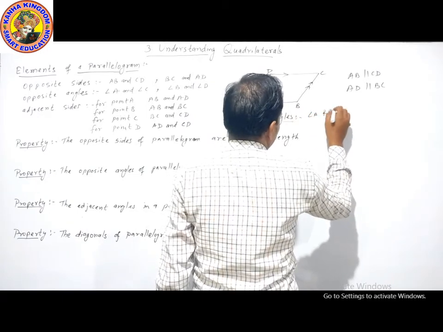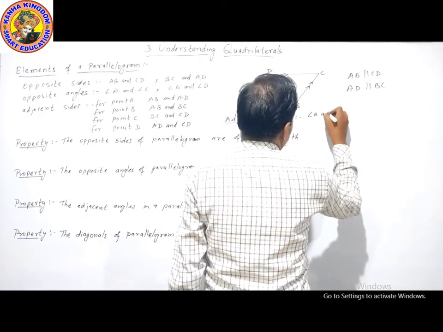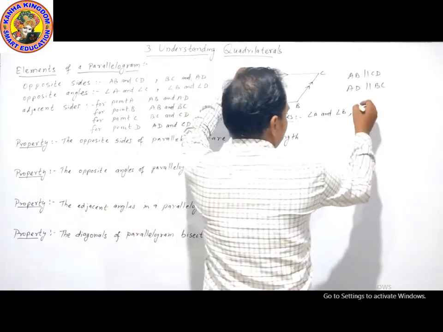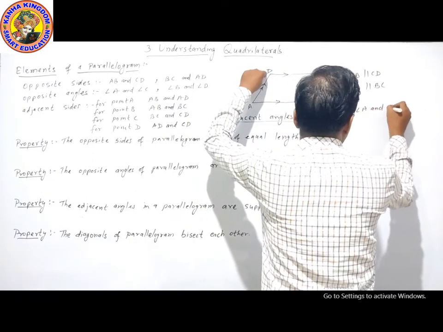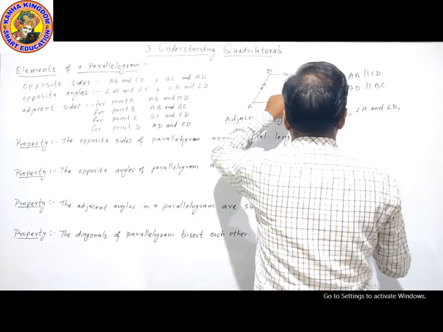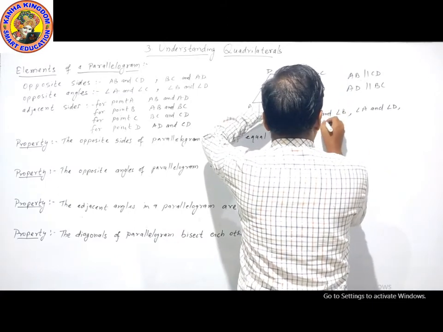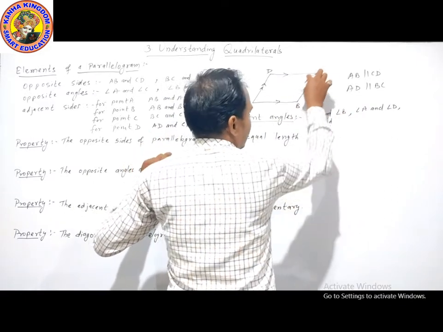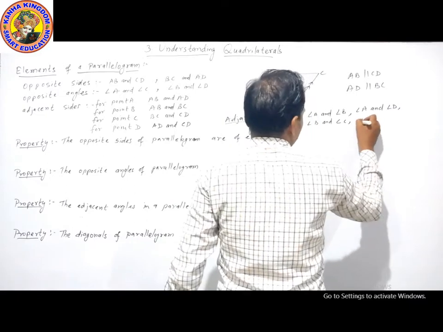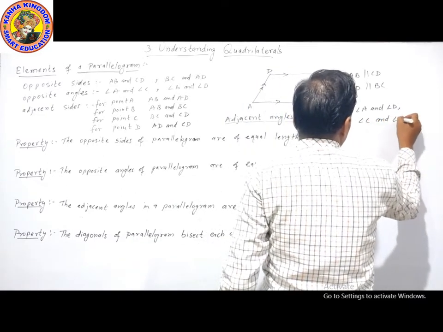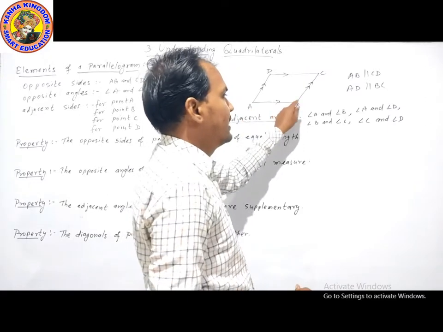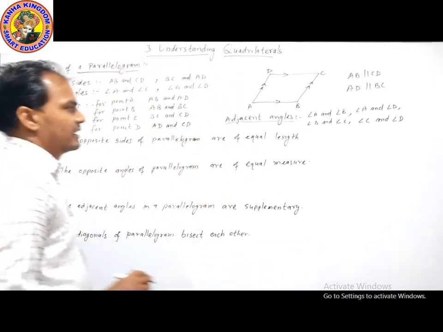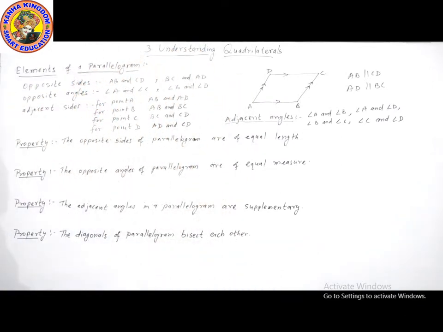Angle A and angle B, angle A and angle D. Now for angle B, adjacent with angle A and angle C. Angle A and B are adjacent, B and C are adjacent, C and D are adjacent, D and A are adjacent. These are the adjacent angles.